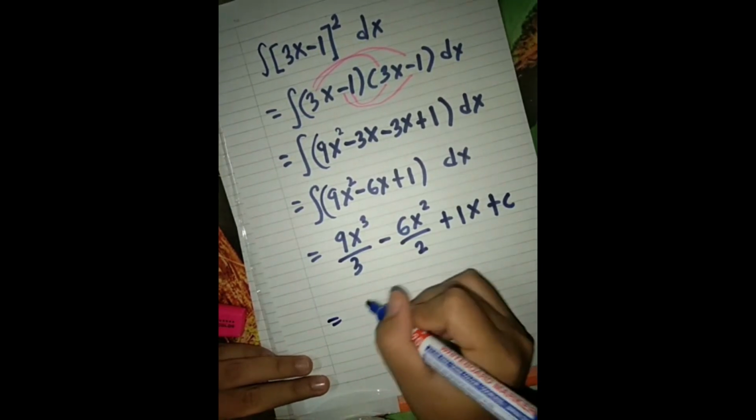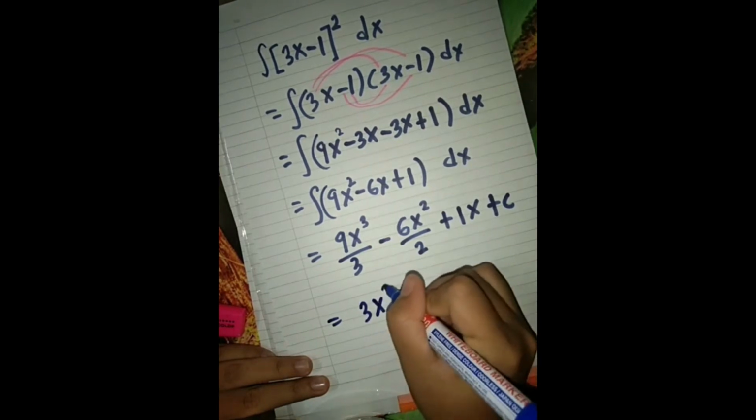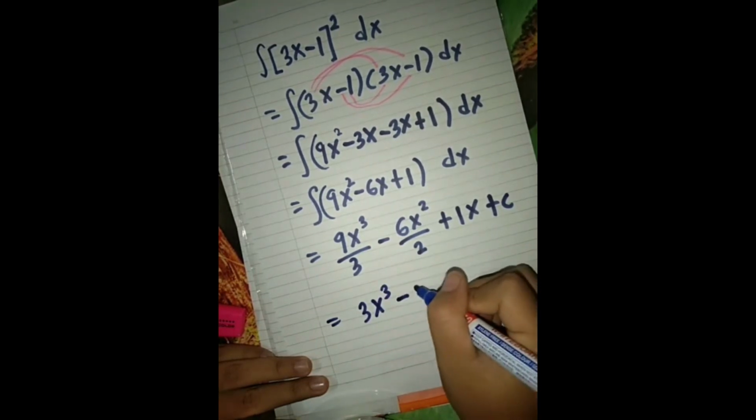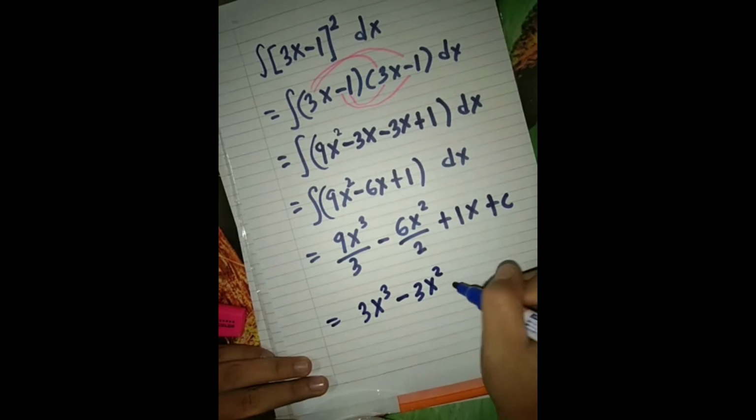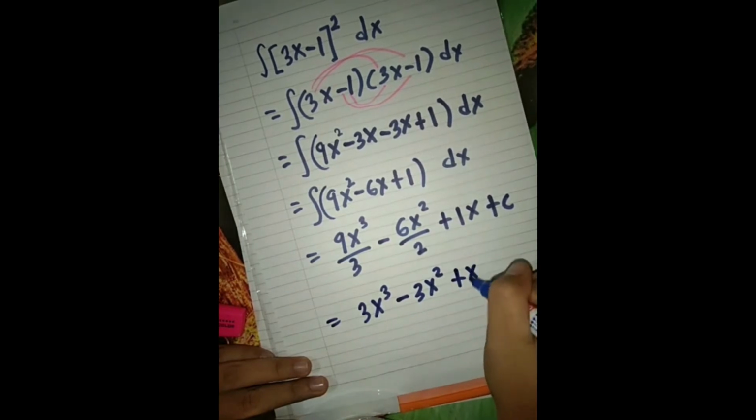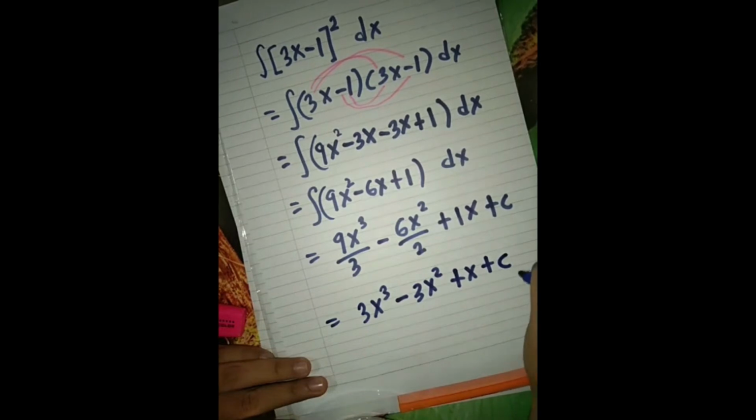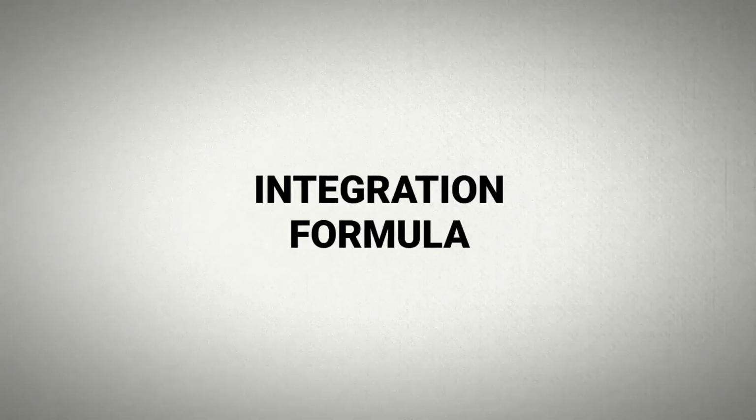We get 3x cubed minus 3x squared plus x plus a constant. So this is the answer.